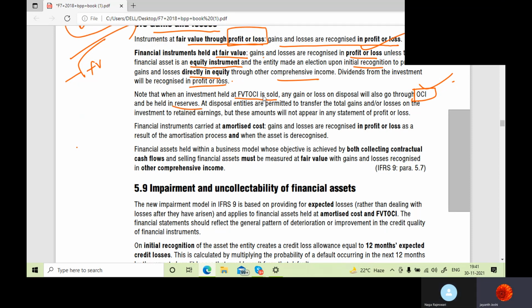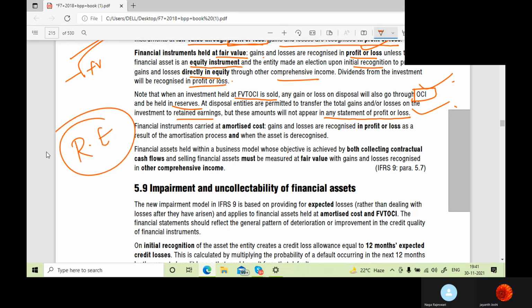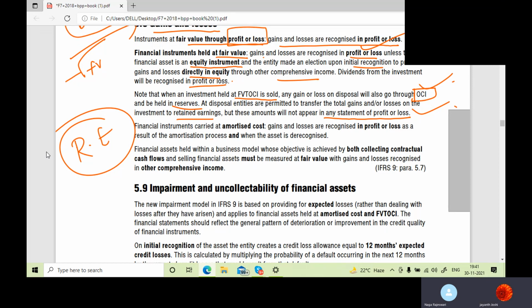At disposal, entities are permitted to transfer the total gains or loss on the investment to retained earnings, but these amounts will not appear in any statement of profit or loss. So directly you will transfer it to retained earnings. That's it. This is for which security? Fair value through other comprehensive income. That means these are held for sale securities. That means you want to hold it for some period of time, then want to sell it.